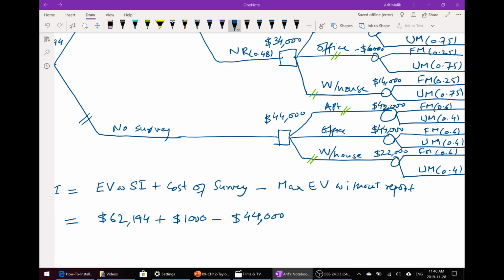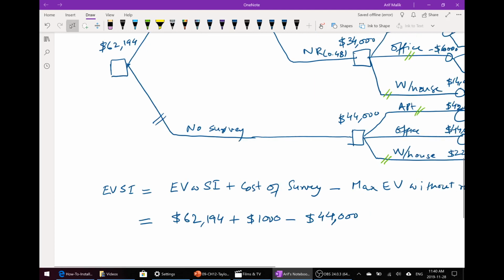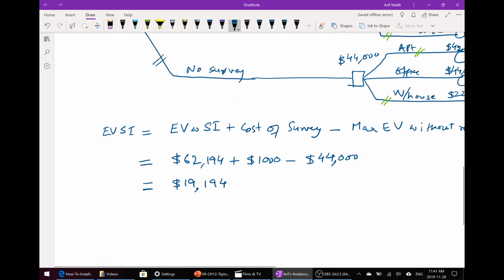Okay, so expected value of survey information is then equal to $19,194. This is the expected value of survey information.